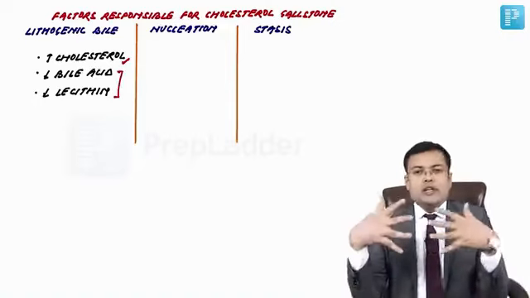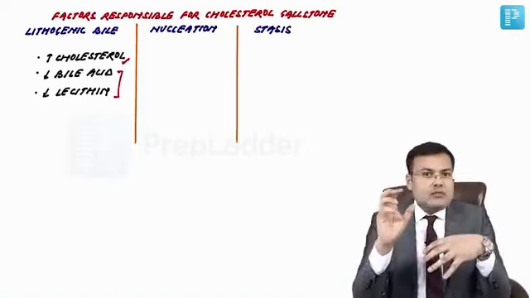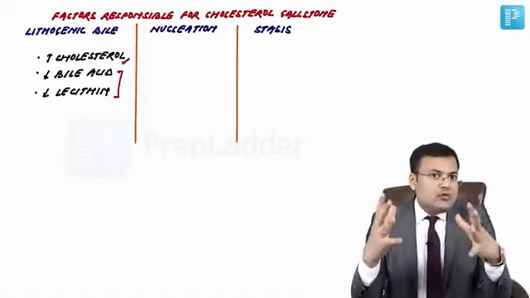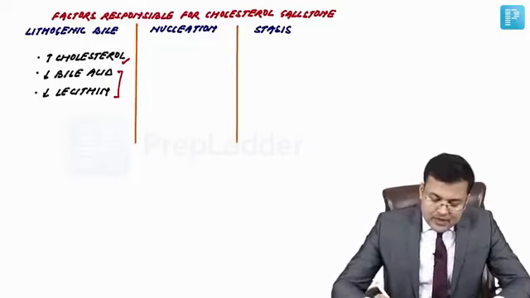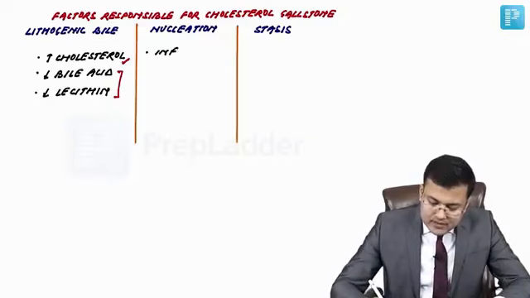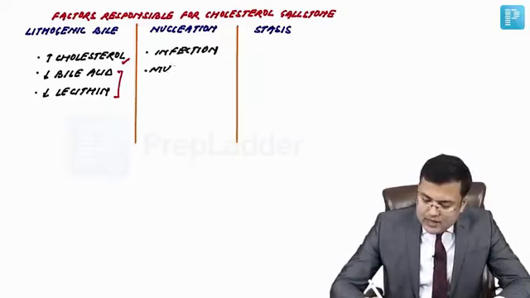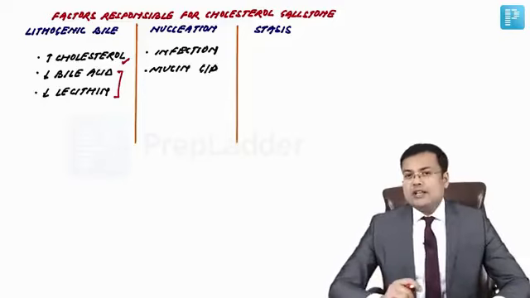In nucleation, microcrystals are joined together to form macrocrystals, and this nucleation is promoted by what? Infections and mucin glycoproteins. These are pro-nucleating factors.